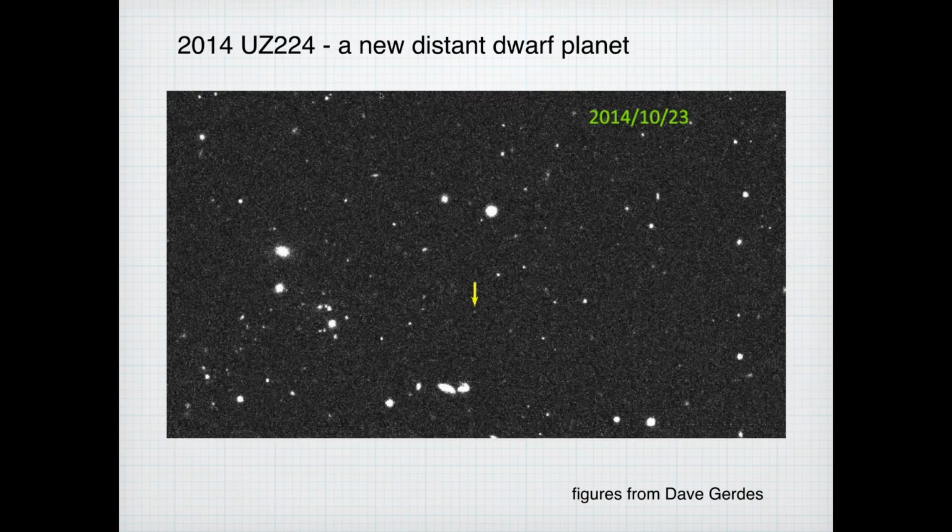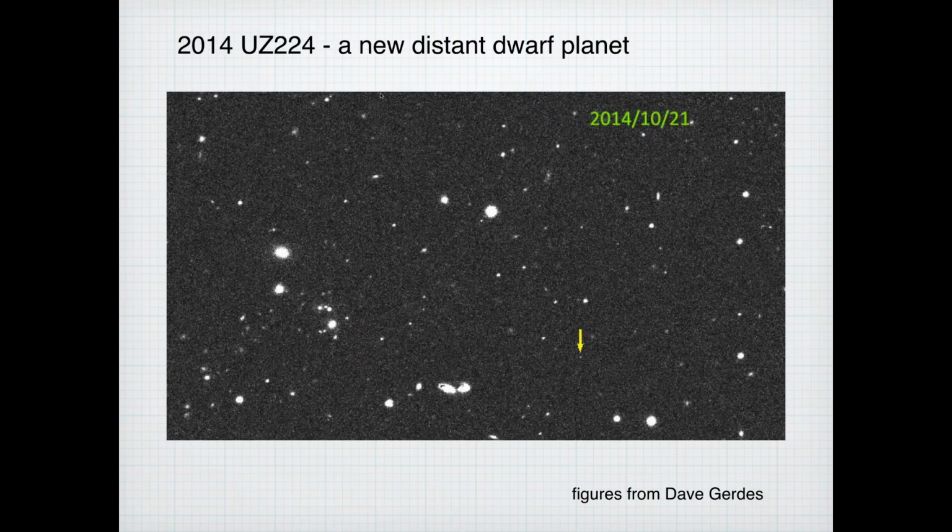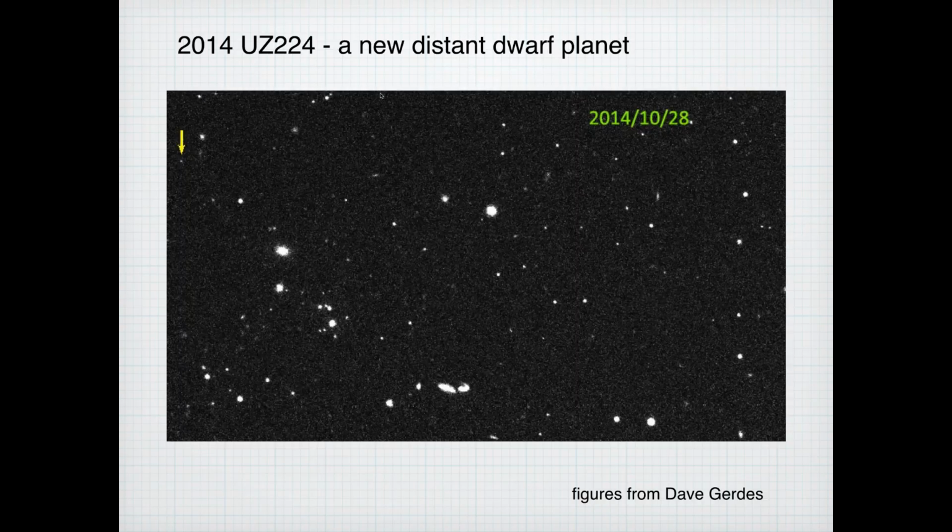So this is an object that is, by solar system standards, very slowly moving. It has a proper motion of a little over 1 arcsecond per hour. So in a week, it doesn't even move an entire CCD.